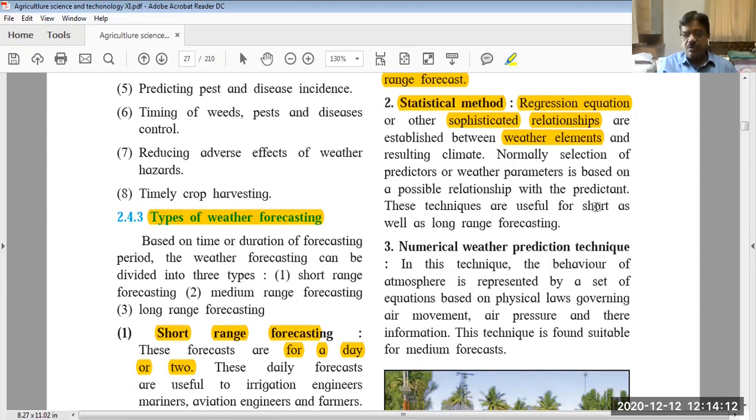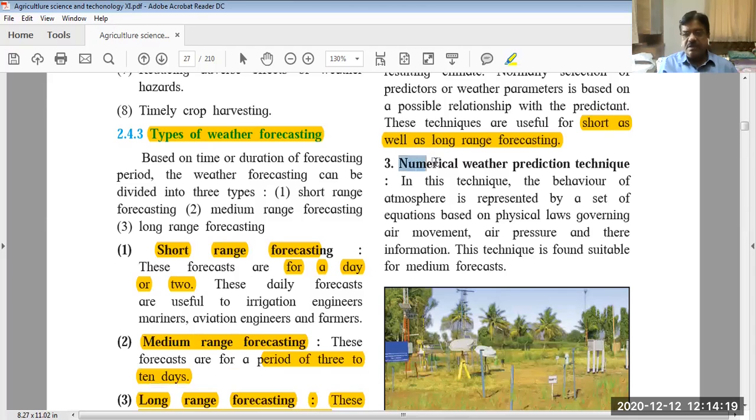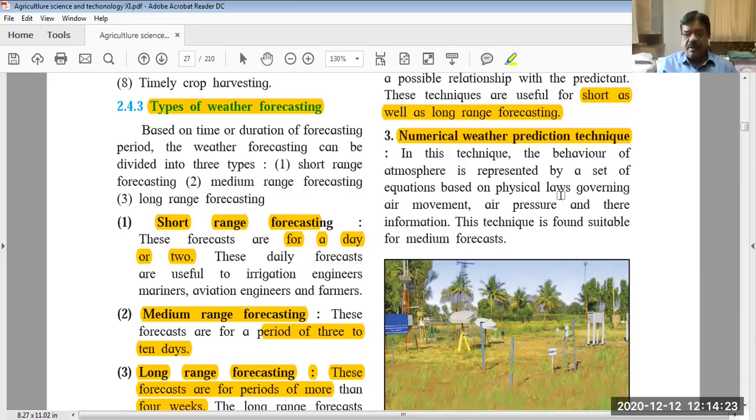In the conventional method, a report is taken of the last 10 years, 20 years, 50 years or 100 years, and as per the situation, what the condition of the atmosphere was during the last 50 years in a particular area is predicted. This method is useful for short range forecast, but it is not a reliable method. This is just a thumb rule kind of method.